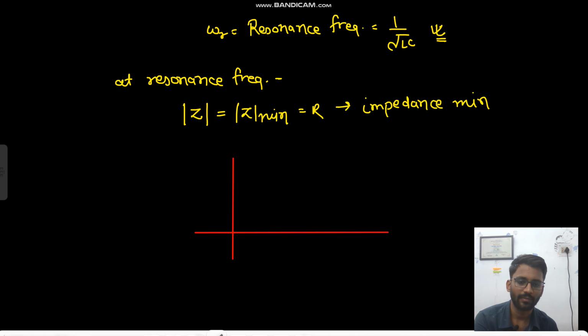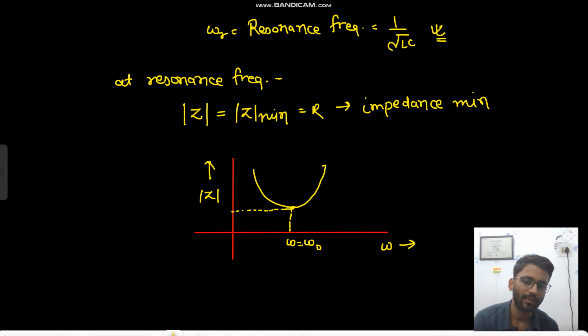Drawing the plot here, this is mod of Z and this is frequency. So at this point, omega equals omega naught, we have minimum impedance, that is equal to R. Here frequency is lesser, right?